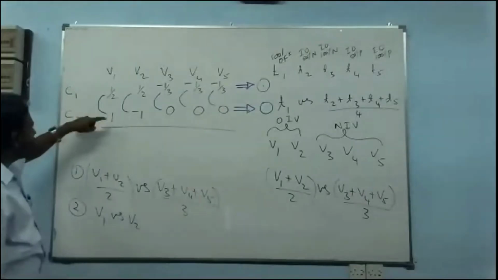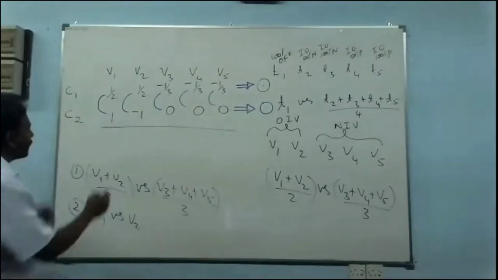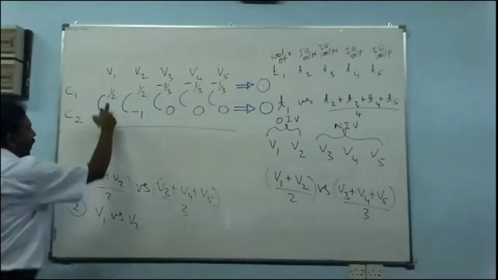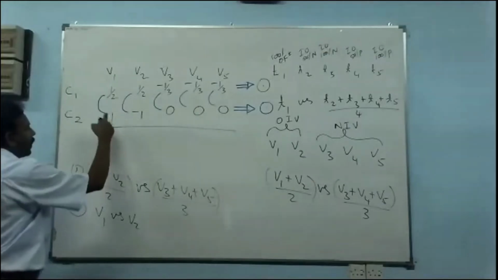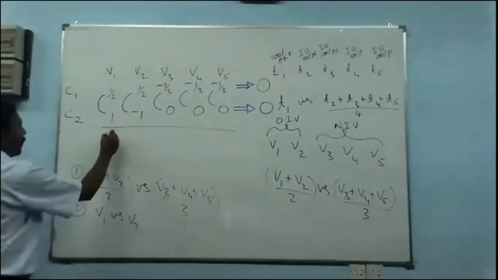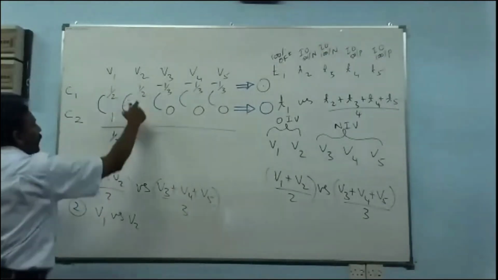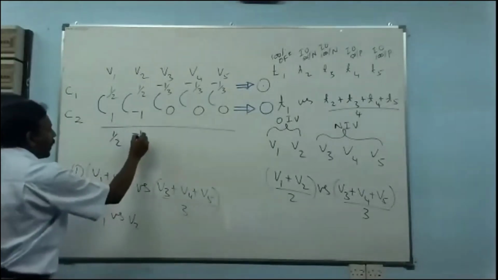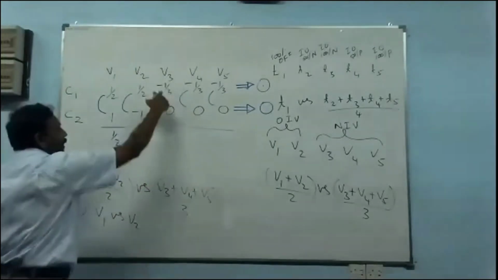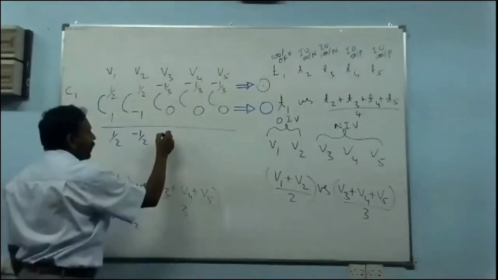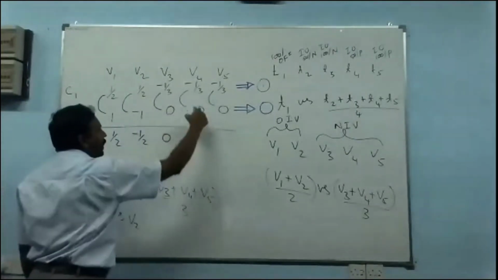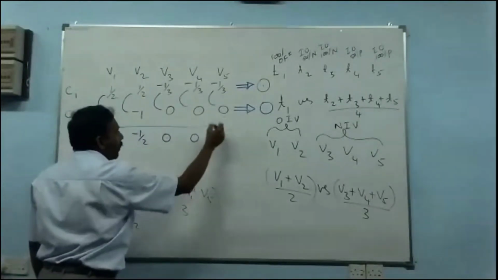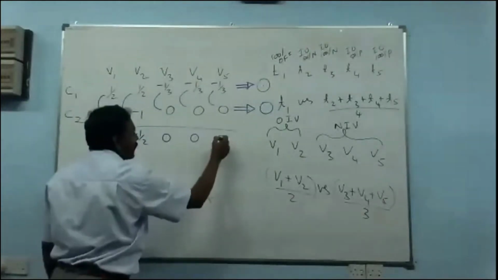What is half into 1? Half. Half into minus 1 is? Minus half. 1/3 into 0 is 0, and 1/3 into 0 is again 0.